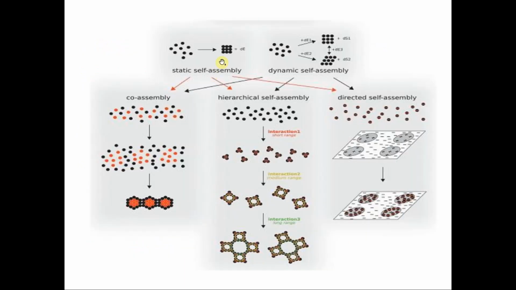Now both static assembly and dynamic assembly can be divided into three. That means static is divided into three and dynamic is also divided into three, and the three methods are the same. First is co-assembly. Say in this case you are considering two different types of atoms, the black ones and the red ones. They are just going to come and join together.